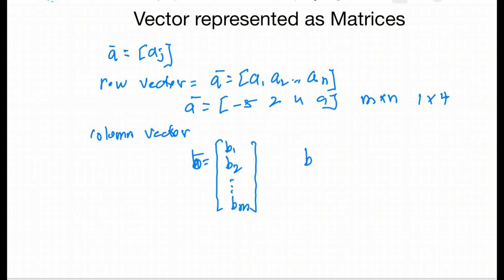An example of that would be B is equal to 6, 9, 24. Or any numbers you want to plug in there, or equations, or variables. So they're very powerful. So m by n is equal to 3 by 1. So that would be the way we would represent vectors in the form of matrices.